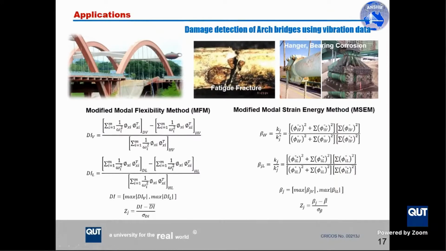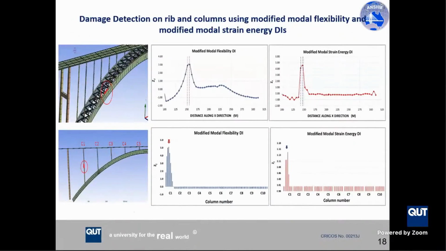And then we take the higher index for the vertical and horizontal mode shapes. You can see here we have some results on an arch bridge. We can clearly see that the modified flexibility index as well as the modified modal strain energy can identify very well the locations of damage in the arch bridge.